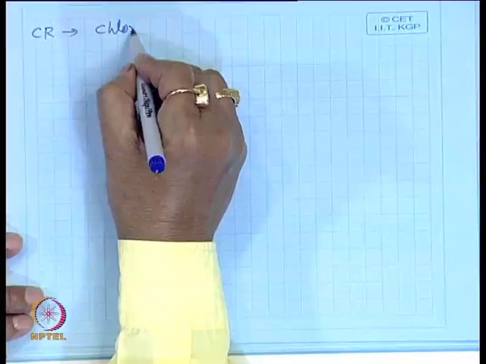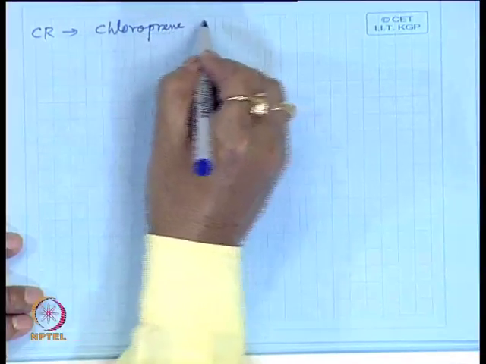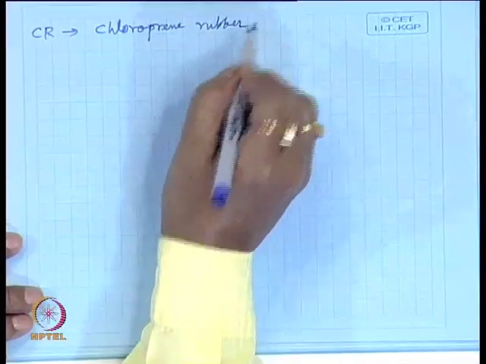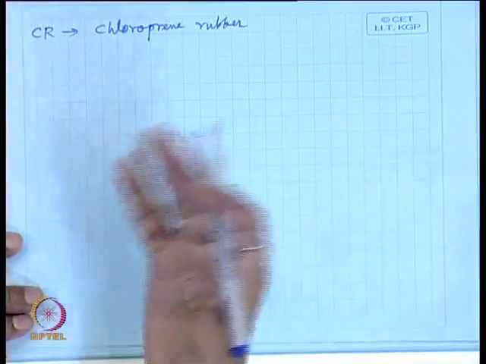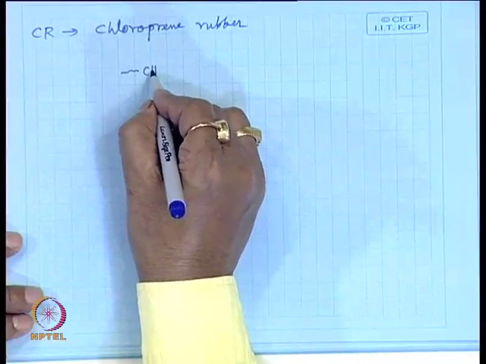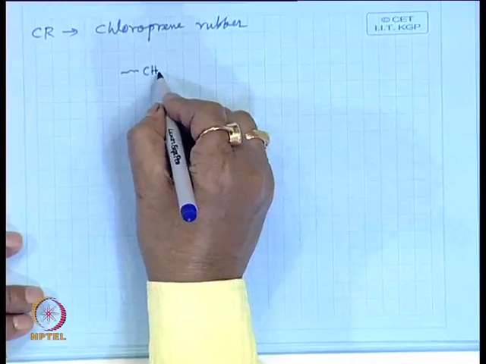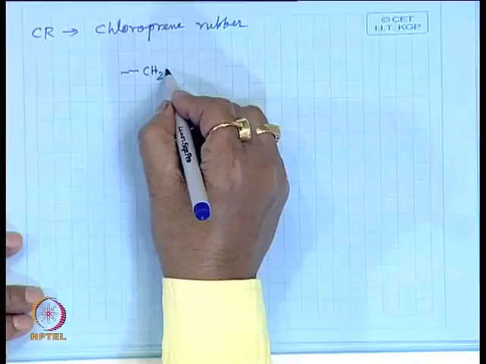Polychloroprene rubber. You know what is chloroprene? If you can remember the formula of isoprene, you can remember the formula of chloroprene. CH2.